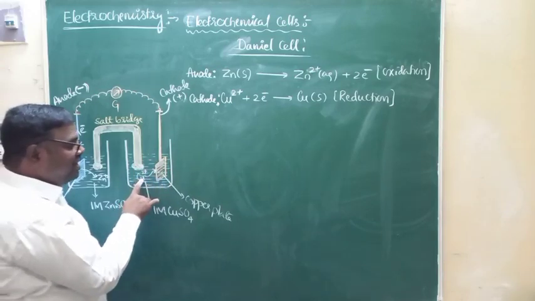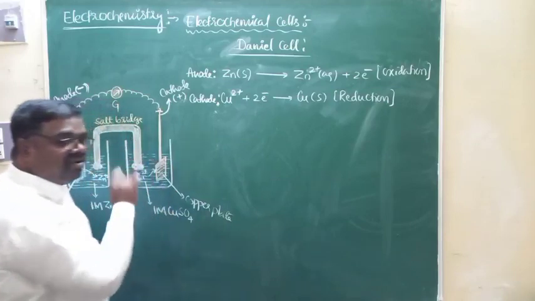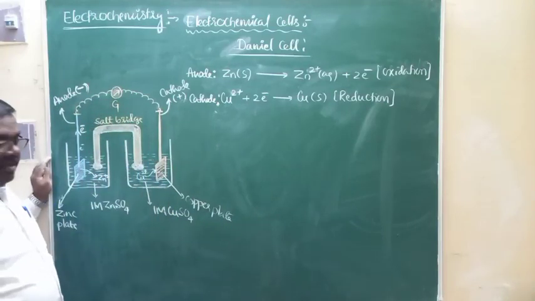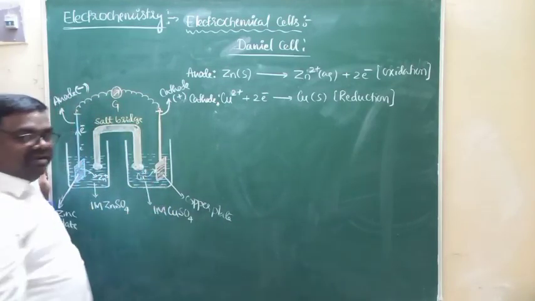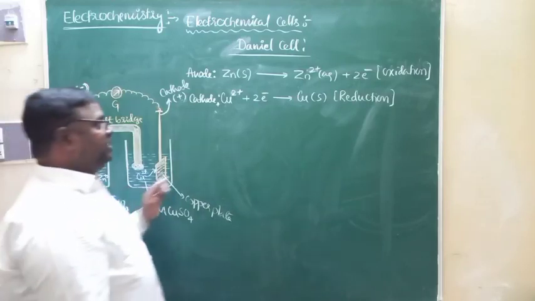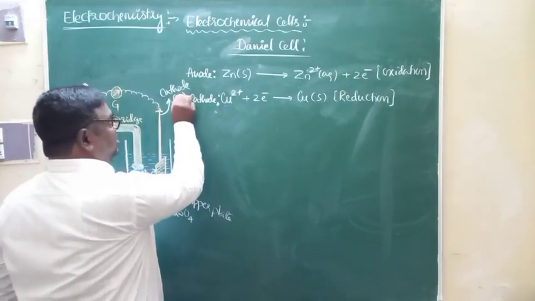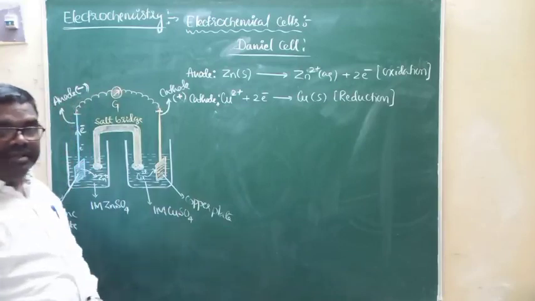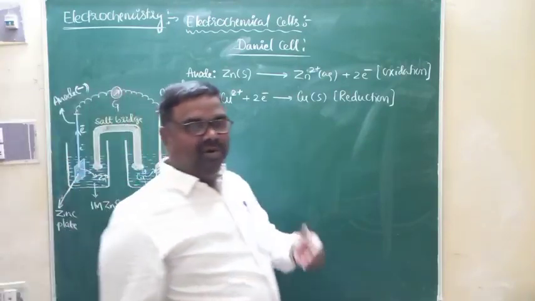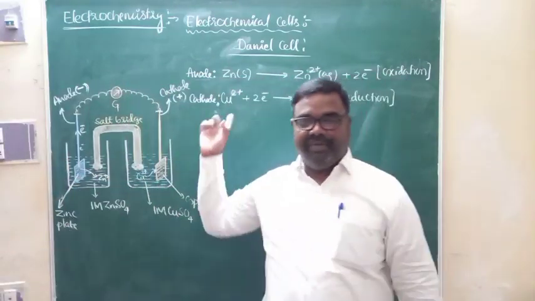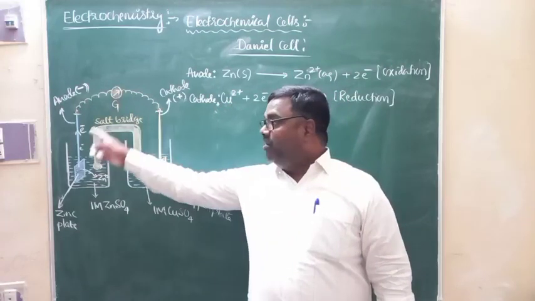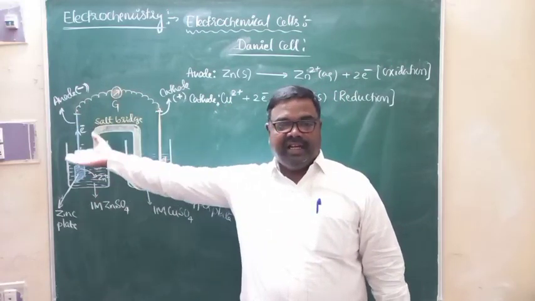Thereby copper ions will be deposited over the surface of copper metal. And thereby the copper metal surface will be deficient in electrons, and that's why it is a positive electrode. As far as the cathode of a galvanic cell is concerned, it will be positively charged. The anode of a galvanic cell will be negatively charged.